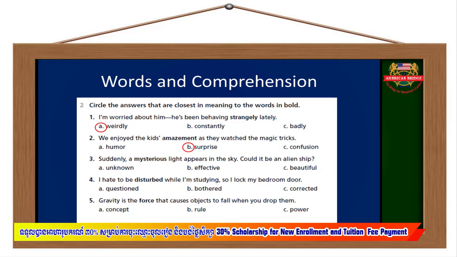Can you be 100% sure what it is? Maybe you are not sure at all, especially in a sci-fi movie with a lot of mysterious things. So the right answer for number 3 is unknown. Unknown means mysterious.